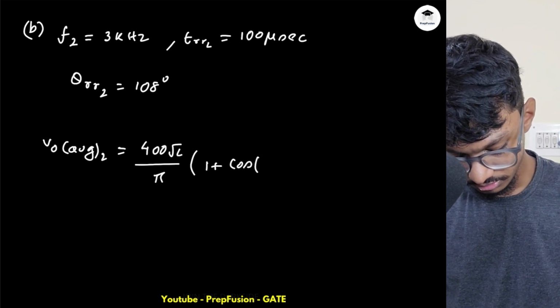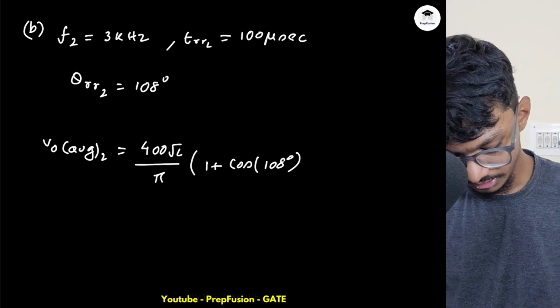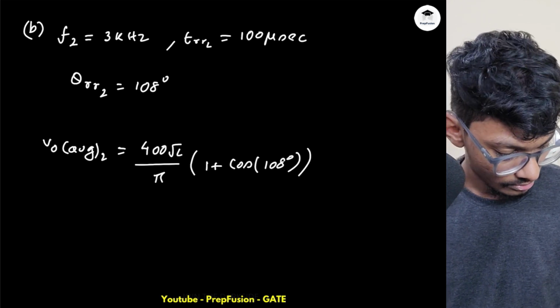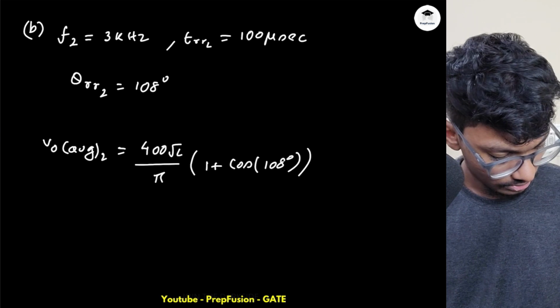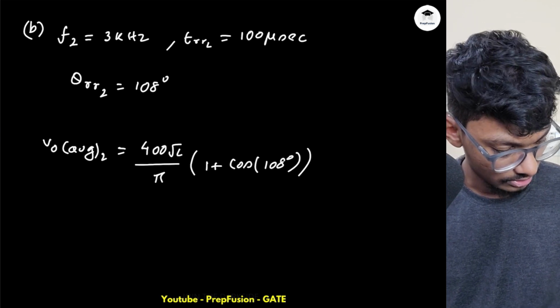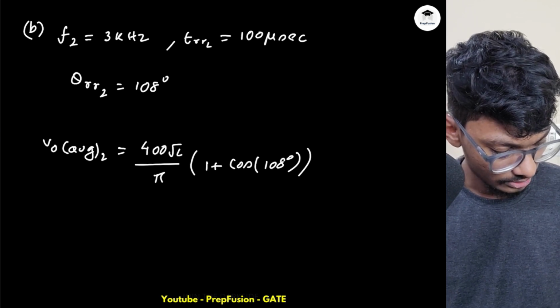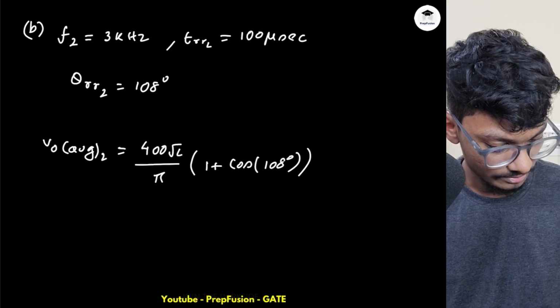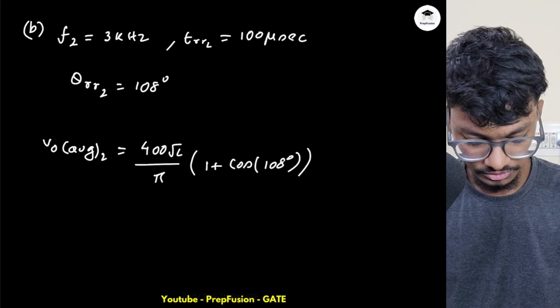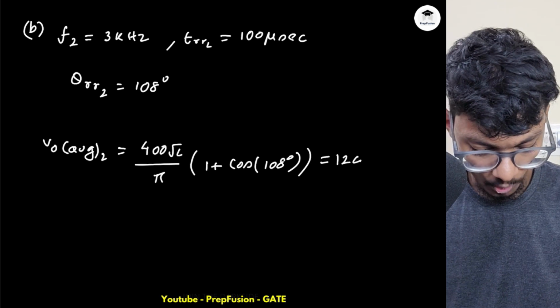So cos 108 degrees plus 1, into 400 into root 2 divided by pi. So this is equal to 124.42.